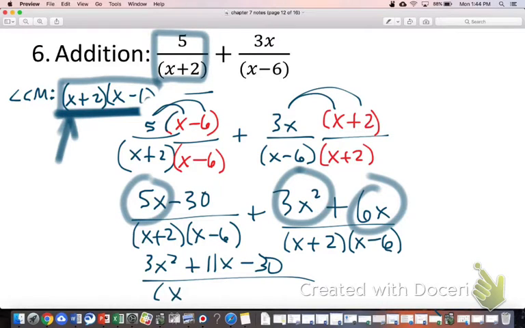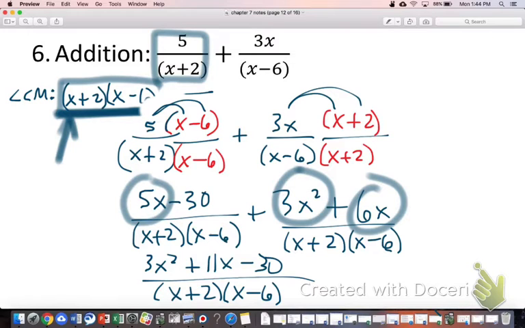So we'll write this over x plus 2, x minus 6. And we'll often want to check to see if this reduces. I'm going to save you a little bit of time and tell you I don't think this does. So we leave it as is.